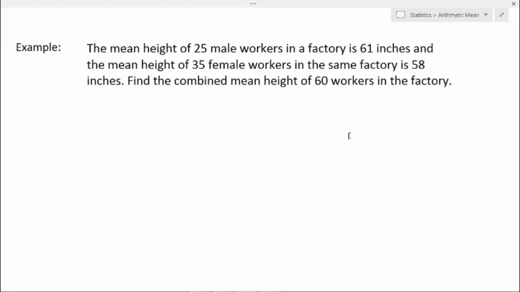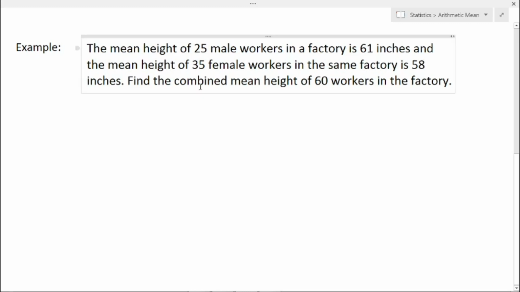Here we have an example. The mean height of 25 male workers in a factory is 61 inches and the mean height of 35 female workers in the factory is 58 inches. So we have to find the combined mean height of 60 workers in the factory. What is given?